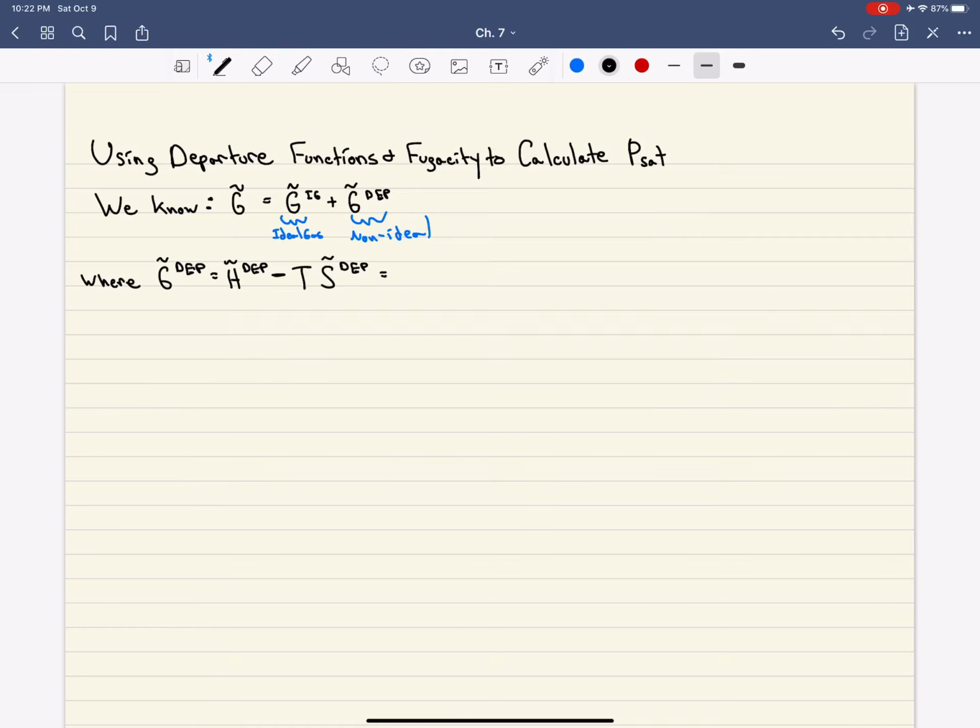And that gives us this equation, RT over V minus P dV. Where in this integral, for your pressure term, this is where you would plug in your equation of state. So that's just what the molar Gibbs energy departure function is.